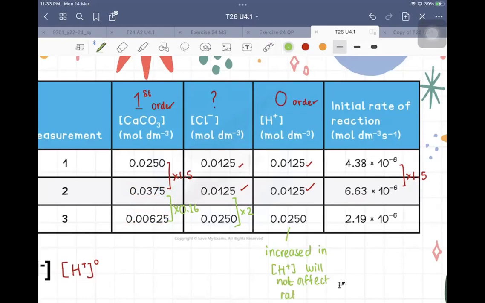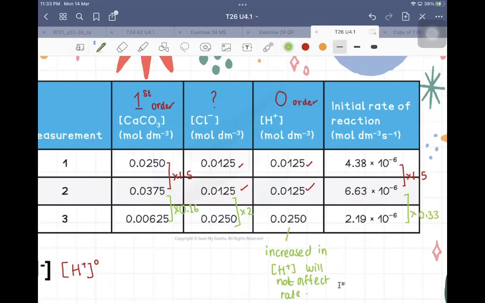Okay, so if I look at my rate, I go from 2.19 divided by 6.63. That is a decrease of 0.33.